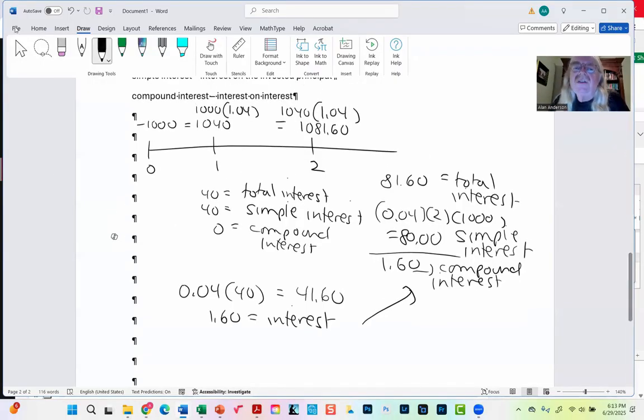So that last $1.60 is based on the $40 of interest we earned during year one. So let's look at year three.